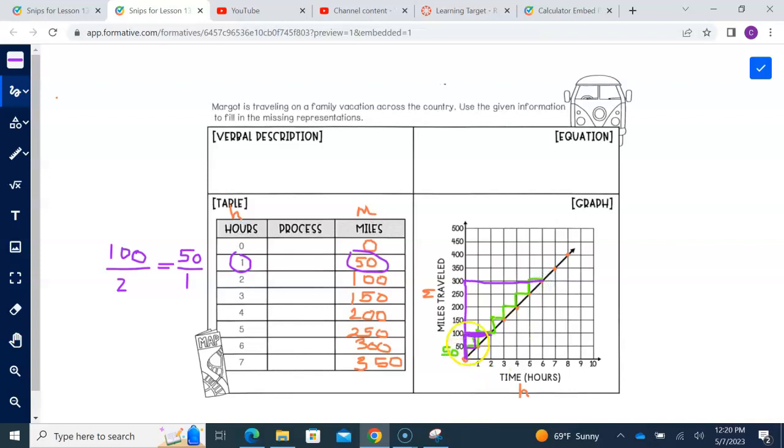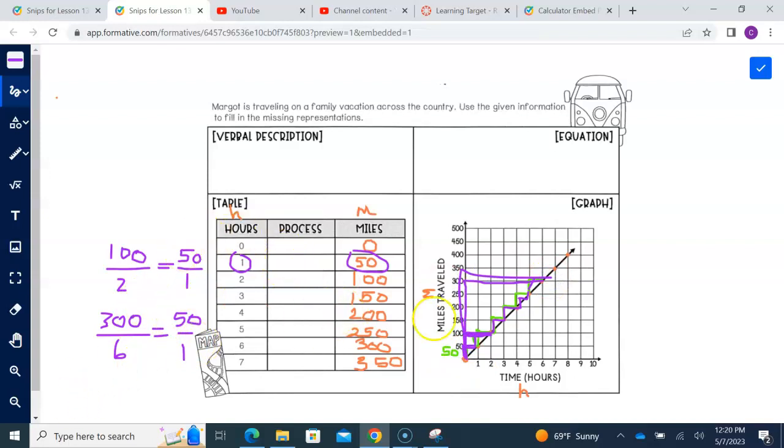So I've gone up 50, 1, 2, 3, 4, 5, 6 times. So the scale factor was a 6 for that. 300 took 6 hours. That meant I went on average 50 miles each hour. So it's a big stair step, but it's an equivalent ratio still.